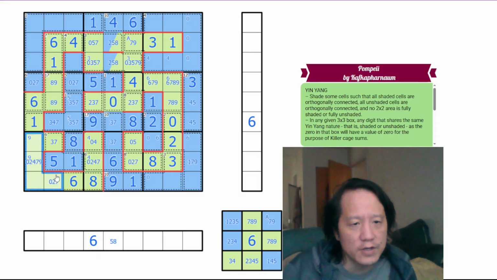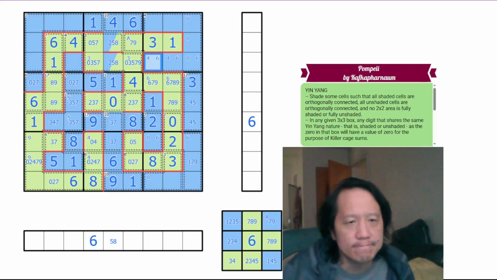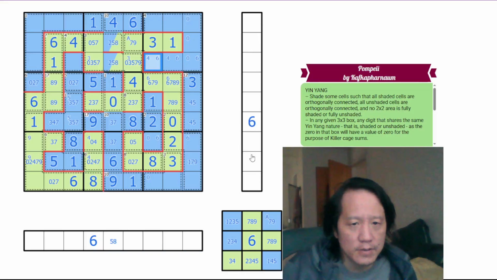Okay, we have to have a 9 here somewhere. So we're missing 3 or 4 here. So 6 cannot be here. 6 is one of these 3. Okay, remaining digits. 1 eliminates 1 here.